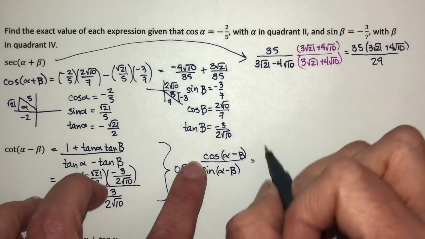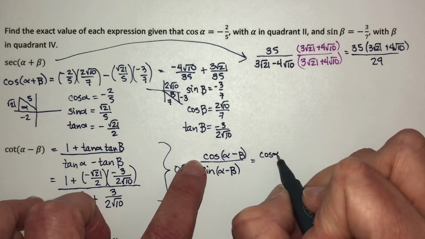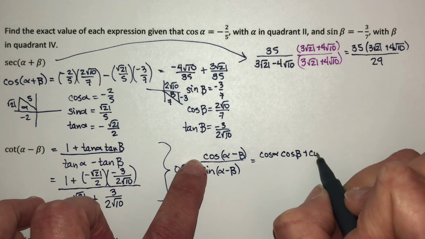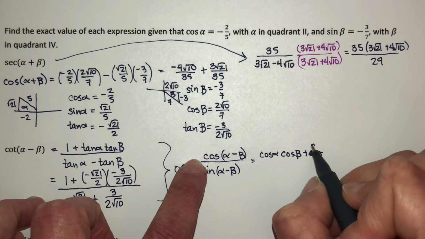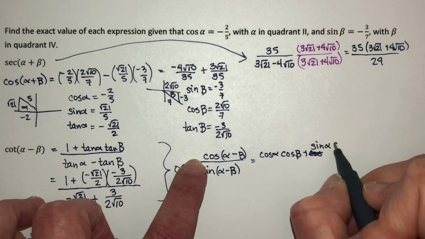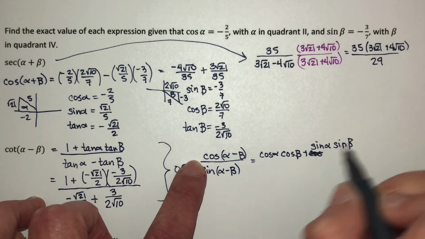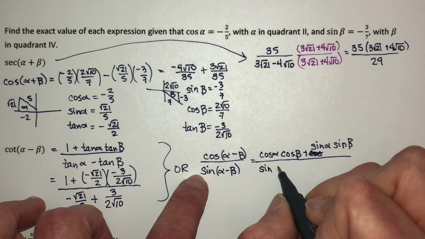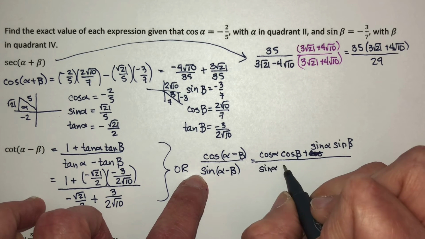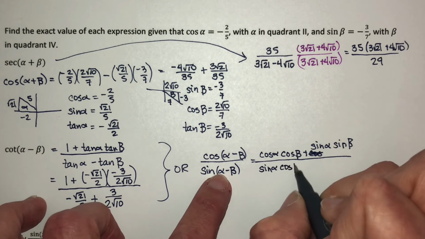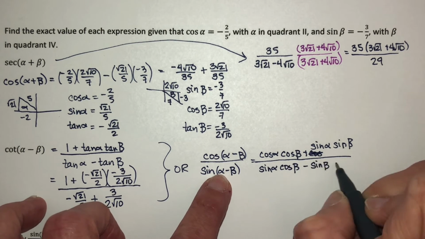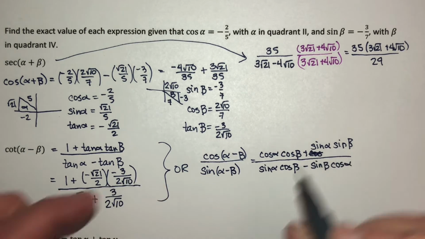So this would be cosine alpha cosine beta plus sine alpha sine beta over sine alpha cosine beta minus sine beta cosine alpha.